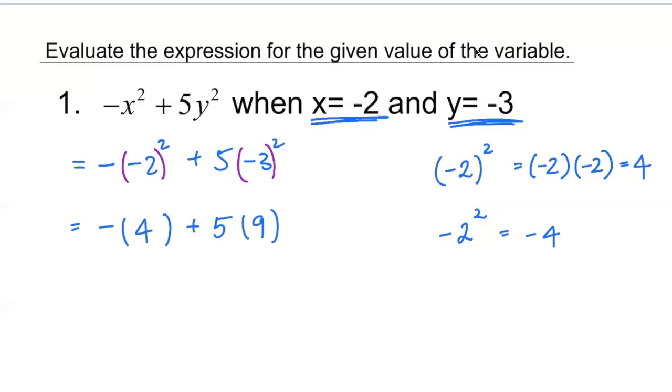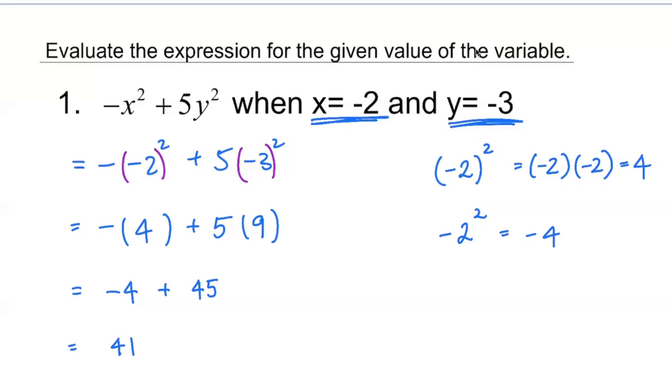And therefore you have 4 plus 9 times 5, which is 45. So 4 plus 45 is 49... so for the first question, the answer is 41. Okay, the answer is 41. Very easy, very straightforward.